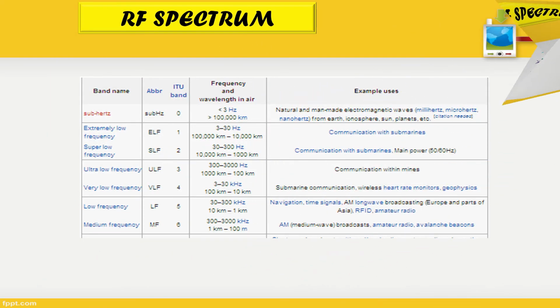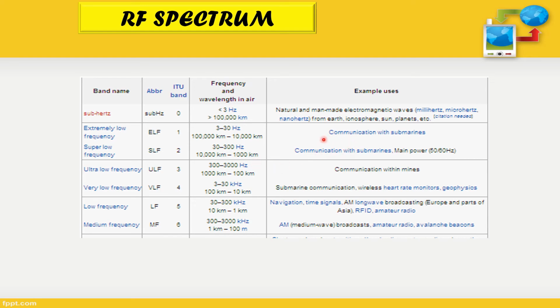Different radio frequency ranges have different applications. Inside this table, we can see that as low as 3 Hz, we have extremely low frequency, and also super low frequency, which have a frequency range of 30 to 300 Hz with the wavelength from 10,000 kilometers to 1,000 kilometers.